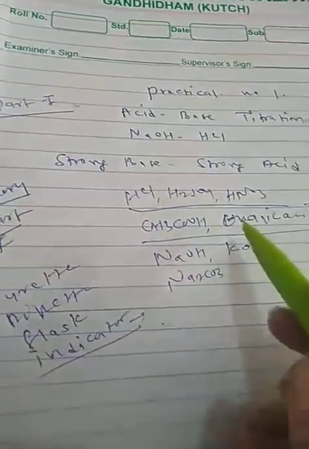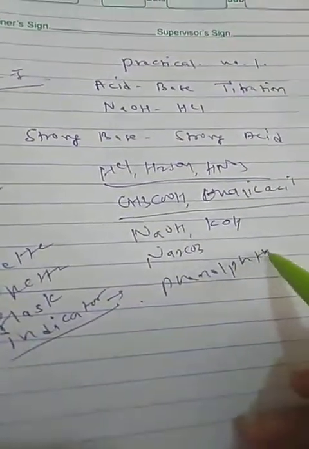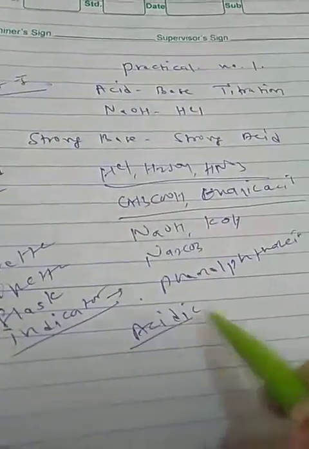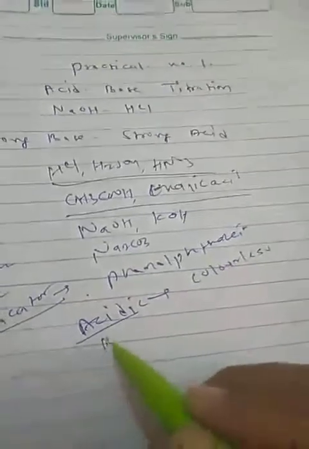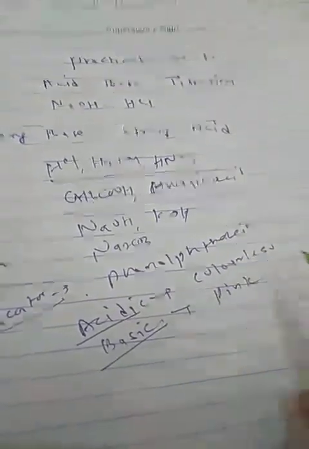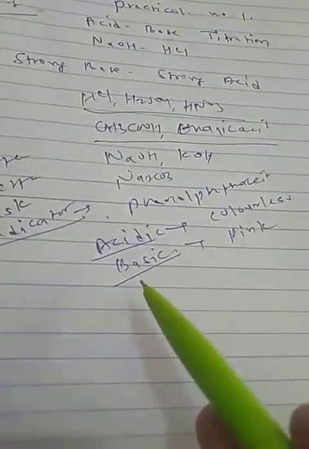In this strong base and strong acid titration we are using the indicator phenolphthalein. Phenolphthalein in acidic medium has no color, it is colorless. But in basic medium it shows pink color. So when your titration is going to complete, your solution's color will change to pink.